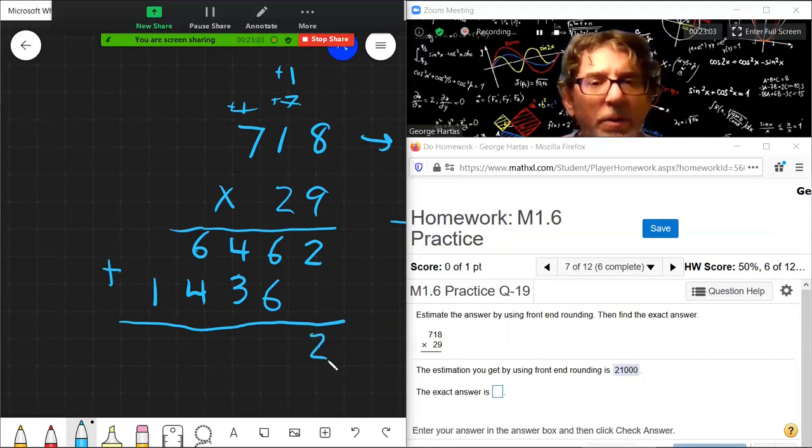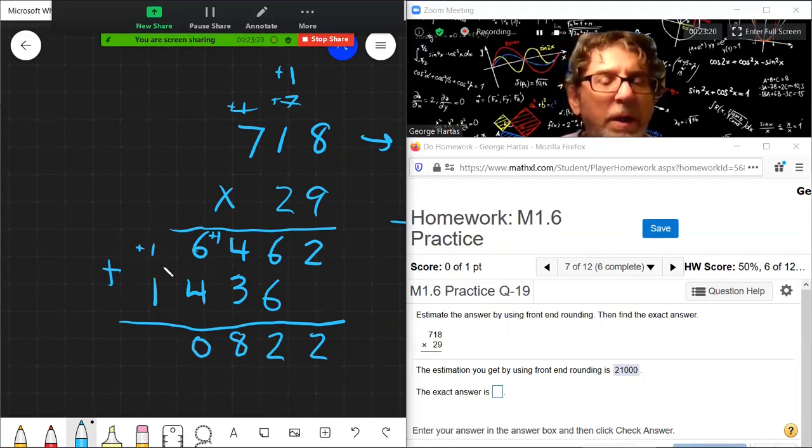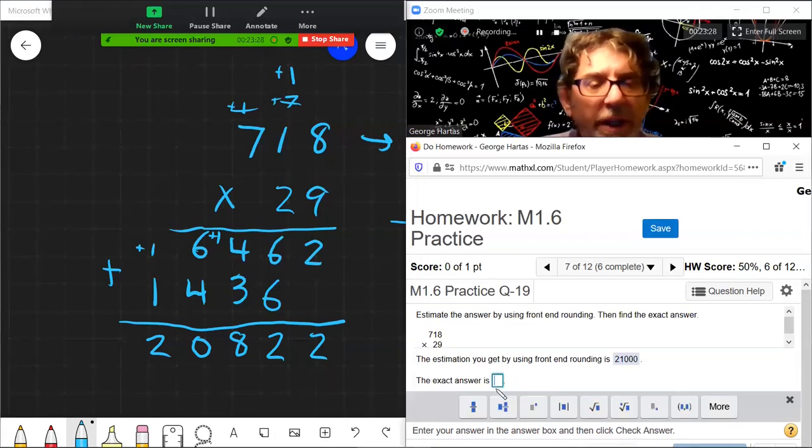So we got 2, 6 plus 6 is 12. Carry the 1. 5 plus 3 is 8. 6 plus 4 is 10. Carry the 1. 1 plus 1 is 2. All right, so our exact answer is 20,822.